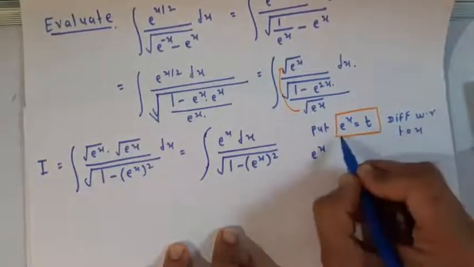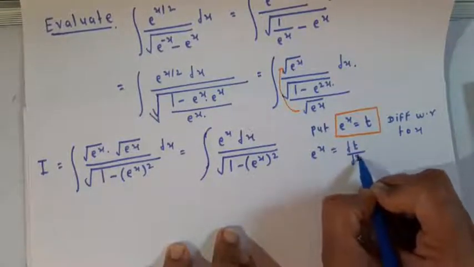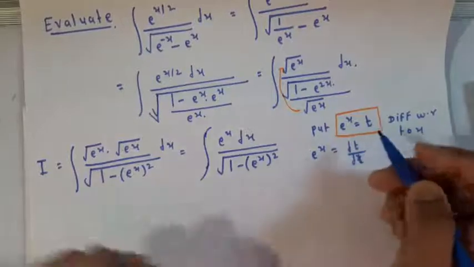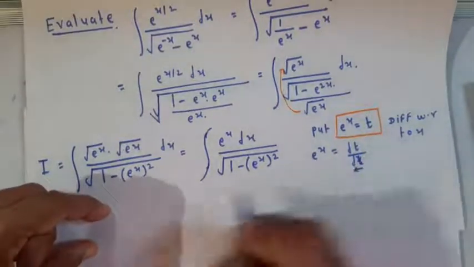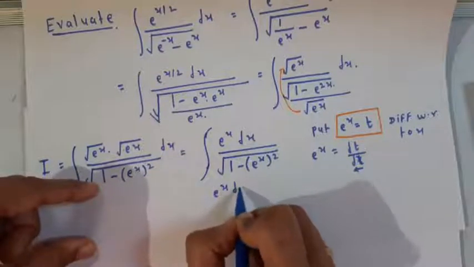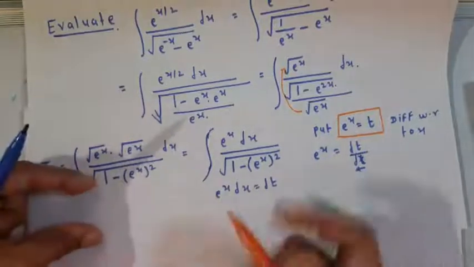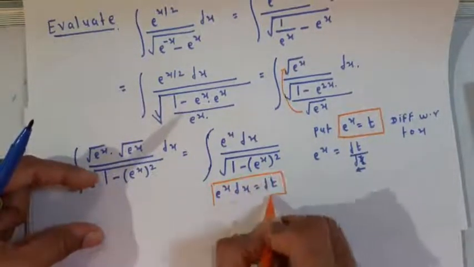We will get e raised to x equal to dt by dx, as differentiation of e raised to x is e raised to x. Shifting this e raised to x to that side, we will get e raised to x dx equal to dt. Now put the values in the given integrand.